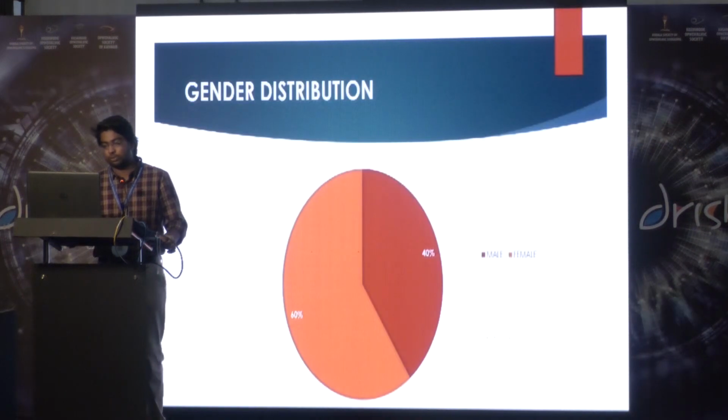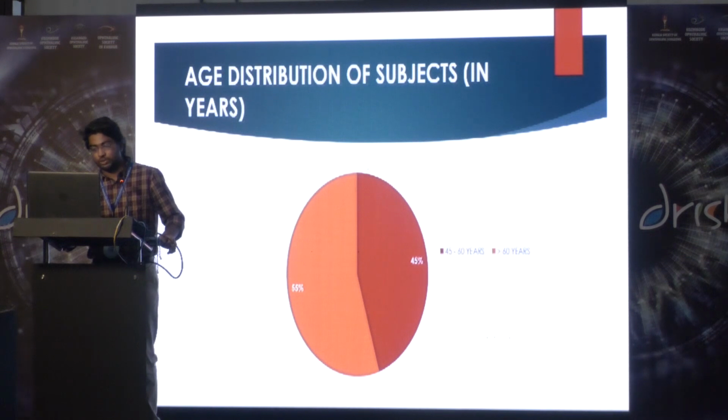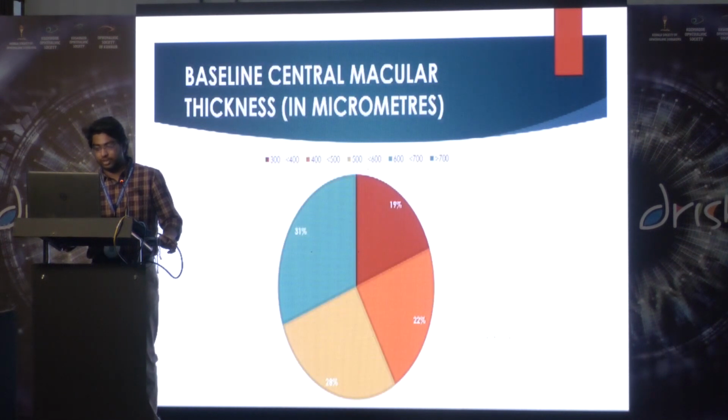So my results were as follows. I had 40% males and 60% females in my study, of which 55% were aged more than 60 and 45% were in the age group of 45 to 60. 40% received it in the right eye and 60% in the left eye.